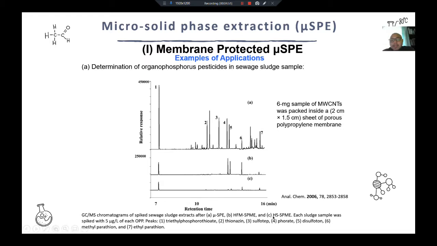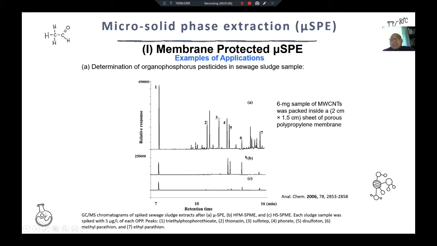I'm not sure, but HS is the headspace, HFM is probably the immersion SPME. Later on we will learn about the SPME. So they compare the micro SPE and also the SPME.